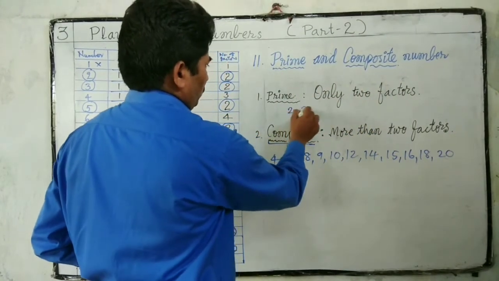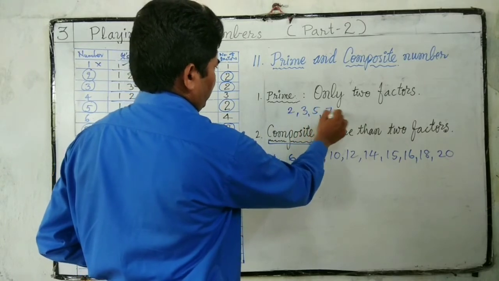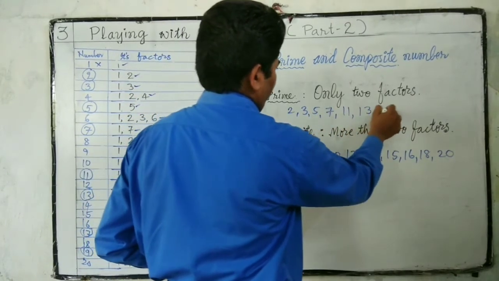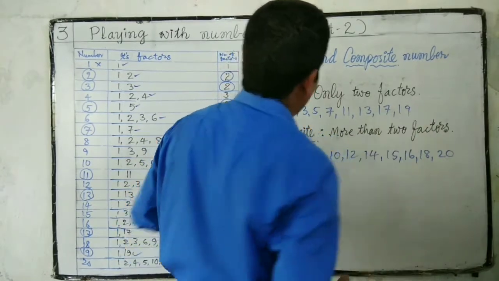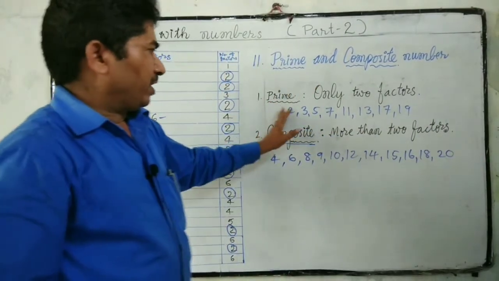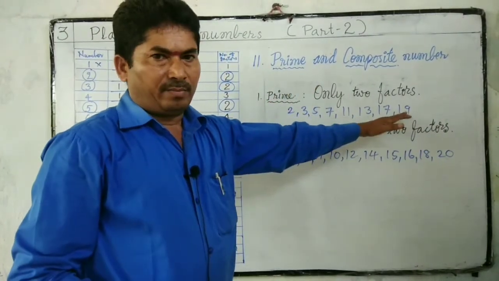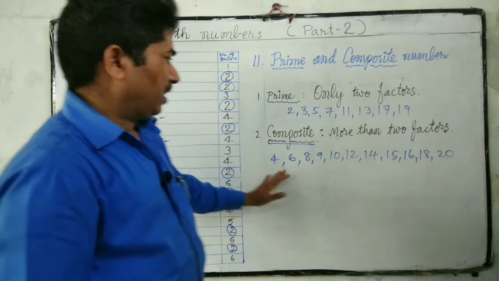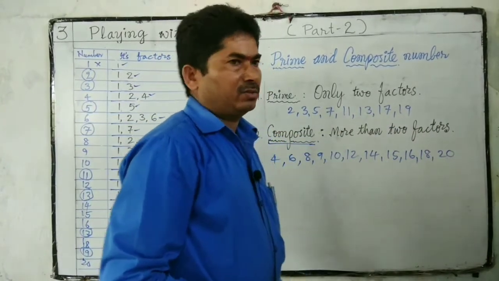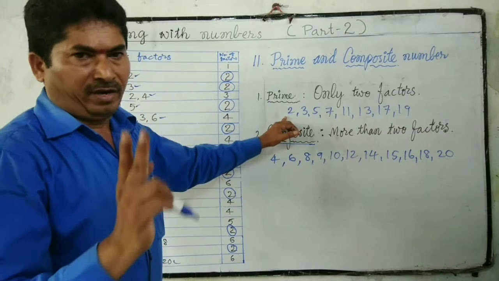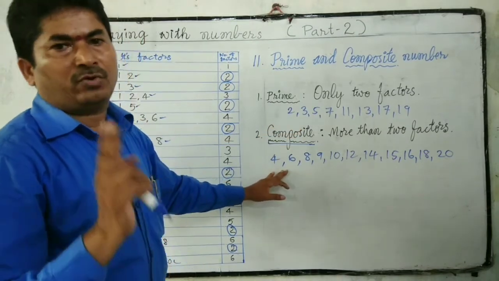Primes are 2, 3, 5, 7, 11, 13, 17, 19 up to 20. These are the prime numbers up to 20. These are the composite numbers up to 20. These have only 2 factors, these have more than 2 factors.